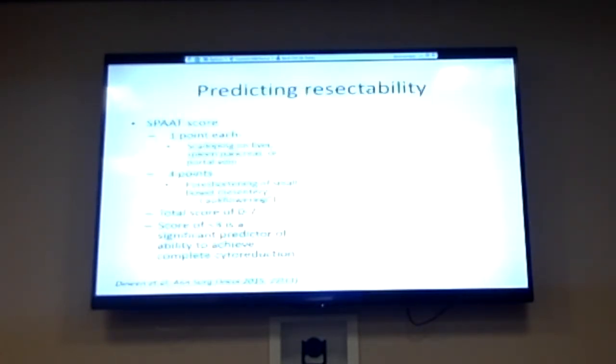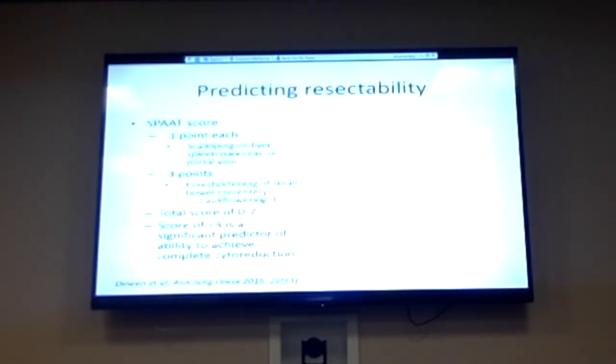You can also predict resectability using radiographic imaging, and this was developed here by Dr. Fournier, the SPAT score, in which you look at the CT scan, you assign a point each for imaging evidence of scalloping on the liver, the spleen, pancreas, or the portal vein.